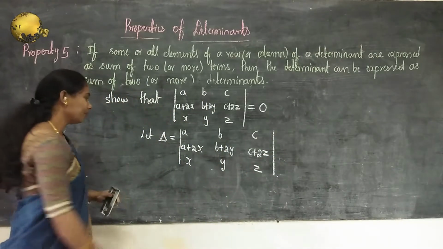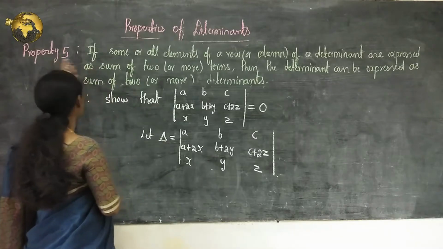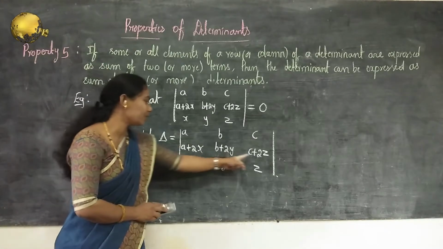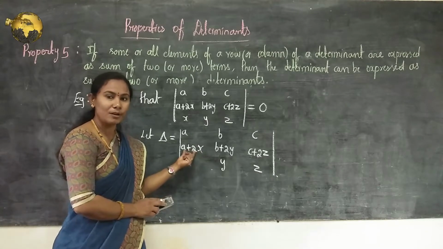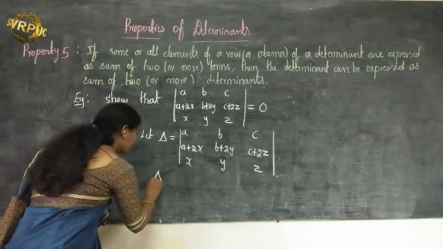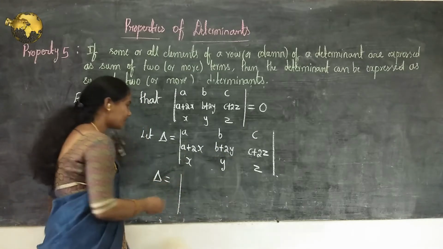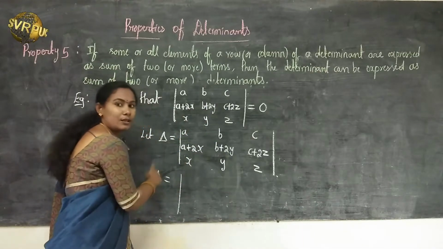This is our delta. Now we will expand it. Before going to expand, according to property number 5, the second row contains the sum of two terms. So we can express this as the sum of two determinants.